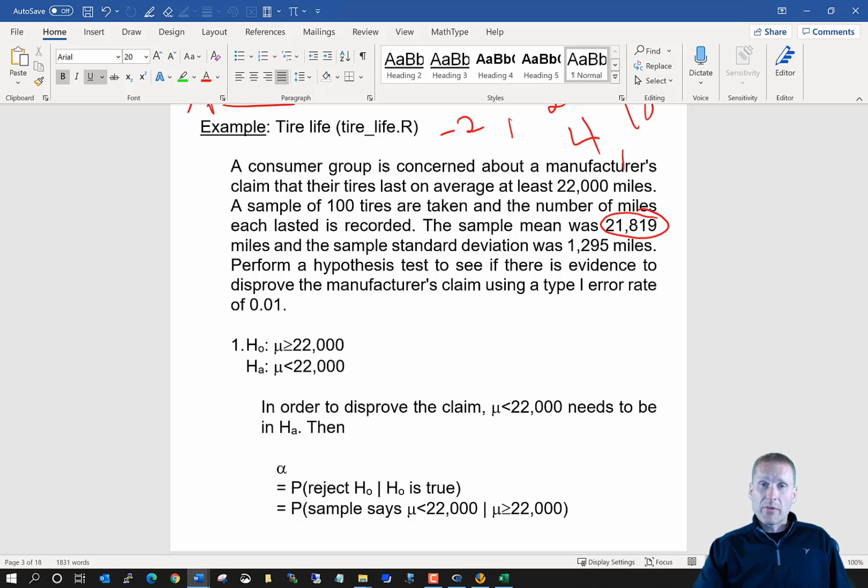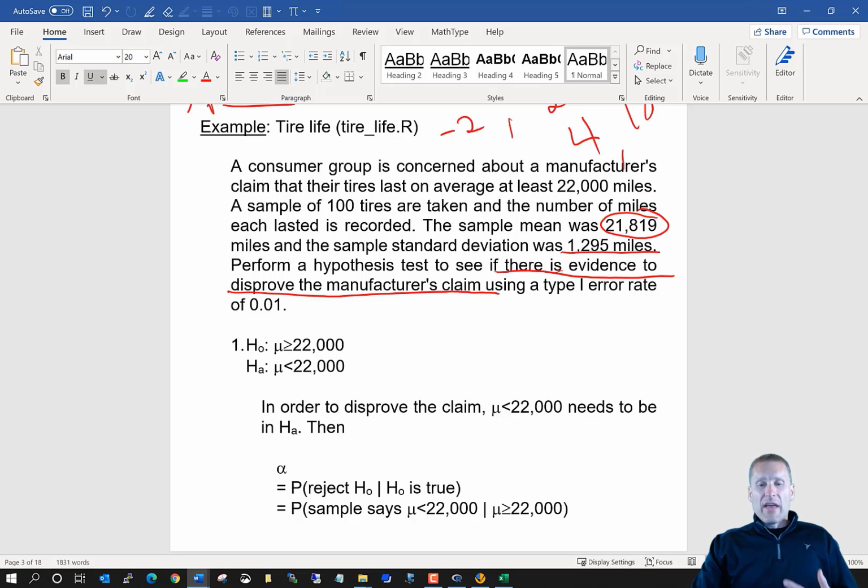It depends upon the variability that we have for y bar. The standard deviation of the data that was observed was 1,285 miles. And let's perform a hypothesis test to see if there is evidence. So we're trying to see, is there evidence to disprove the manufacturer's claim?